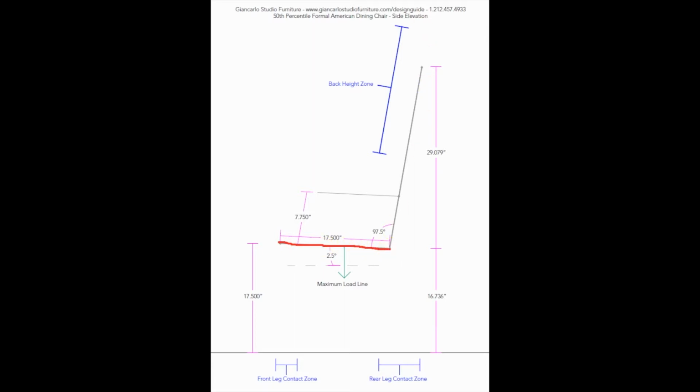The maximum load line, drafted in green, shows the point and direction of the maximum load applied by the user. The maximum load line serves as a reminder and design guide for both physical and visual balance of the structural design elements. Below the black origin line, two leg contact zones are defined. These contact zones are established based on user loading and are critical to the functionality of the design.